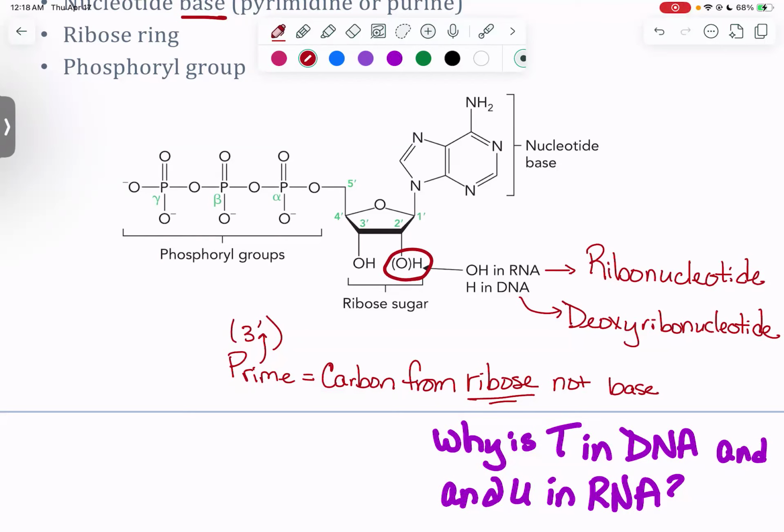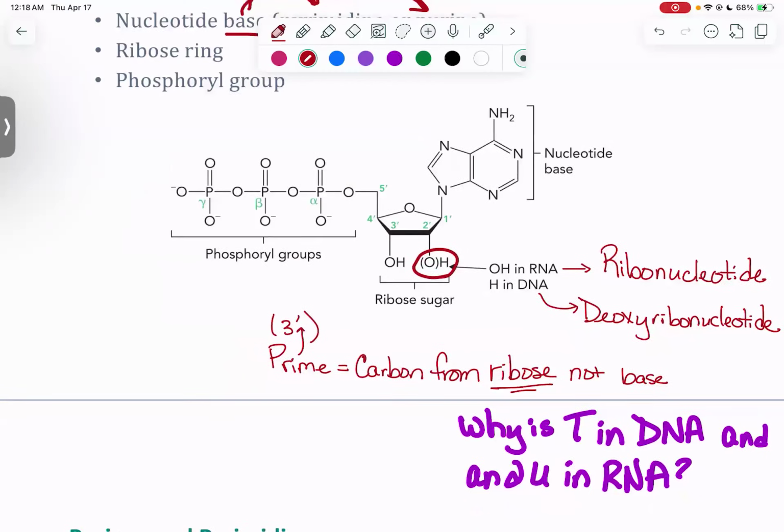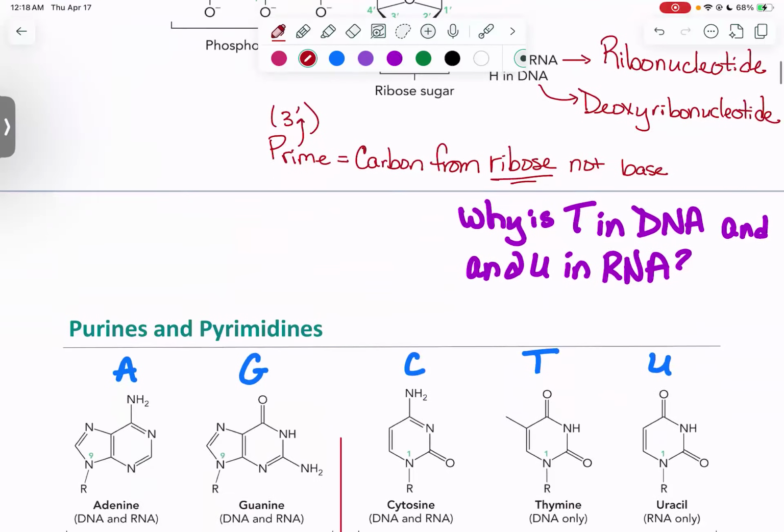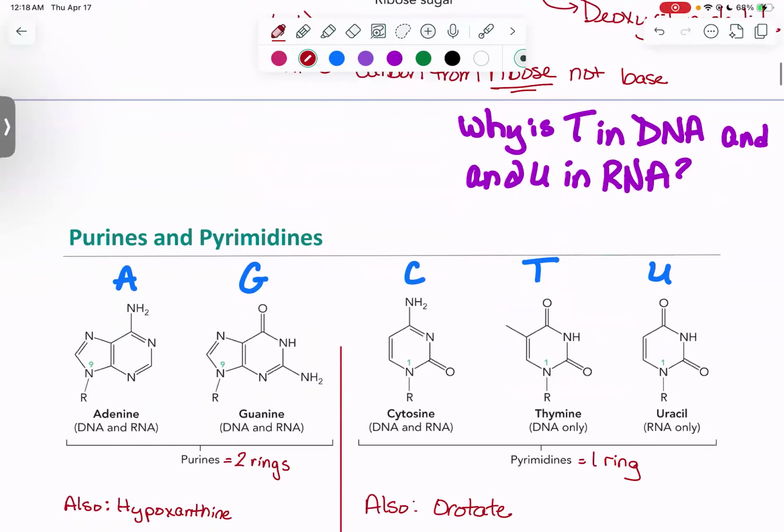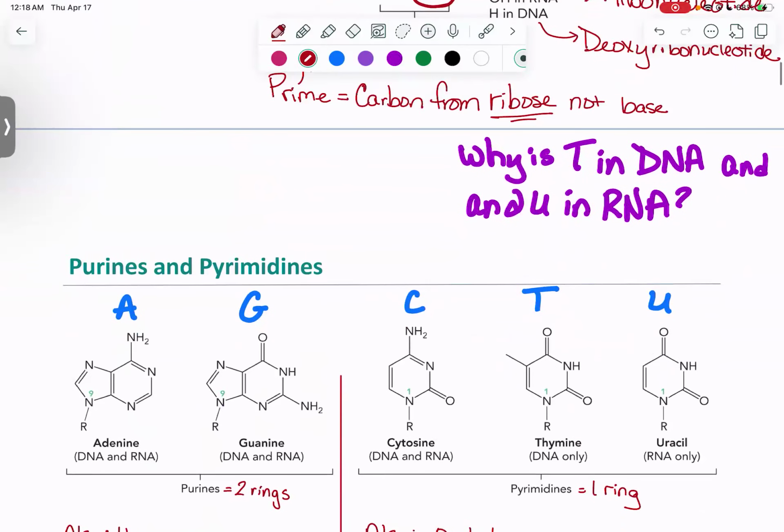And when we talk about our different nucleotides, purines and pyrimidines, you should know your purines and your pyrimidines. We have our five main ones. There are some others, and we'll talk about them, but here are our five main ones.